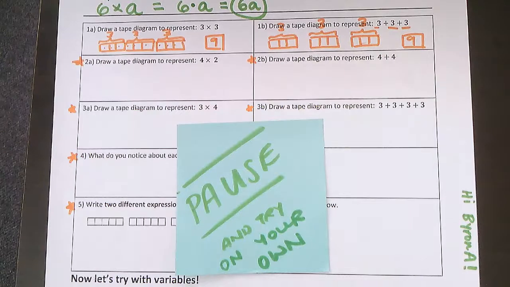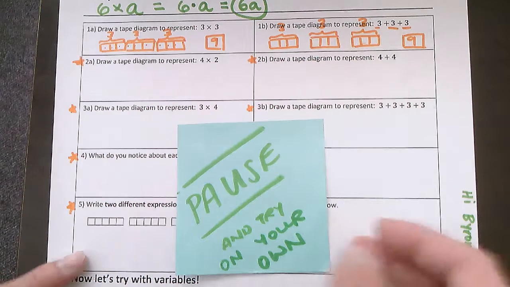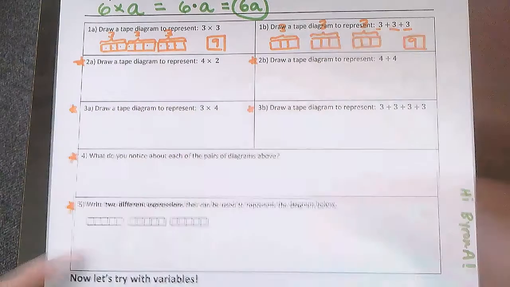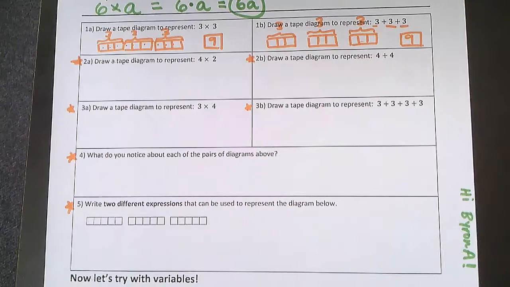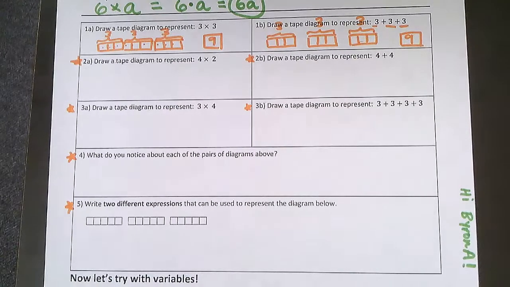Let's pause and try. And now you're resuming the video after you've tried on your own. Remember to try it on your own. Don't just copy what I'm doing.